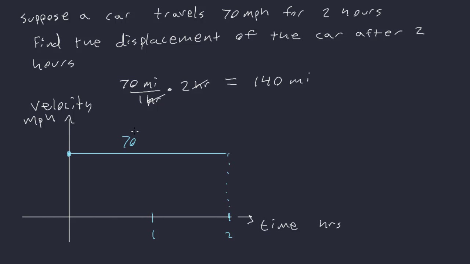So here we have 70 miles per hour as our function. We have a constant rate of change here, and it's over the 2 hours.